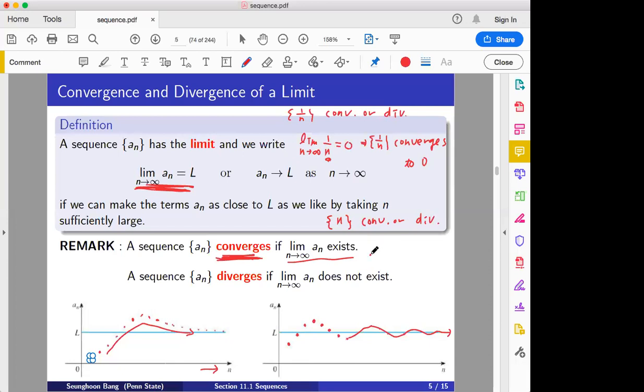You calculate the limit as n approaches infinity of an, and an is just n. What's the limit of n? n approaches infinity. So what happens? The limit does not exist. Infinity is not a finite number, so it is divergent. This is the idea. Does it make sense?